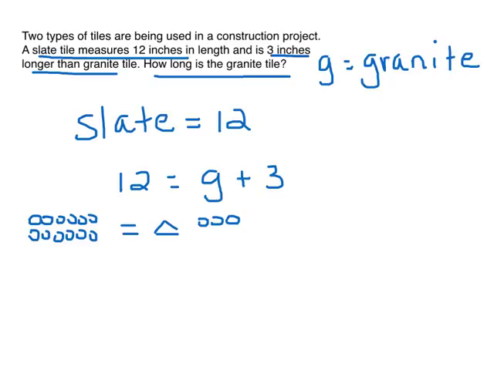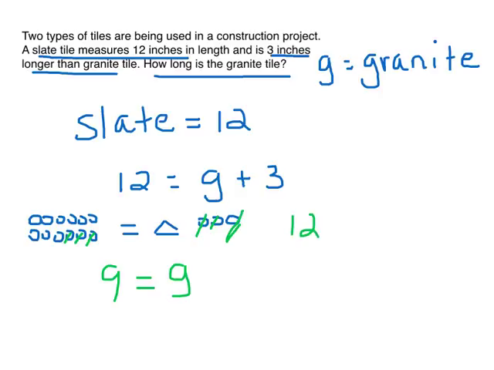So I am going to cancel out these 3 and also cancel out 3 on this side, which leaves me with my triangle, which is G, and 1, 2, 3, 4, 5, 6, 7, 8, 9. So G equals 9.